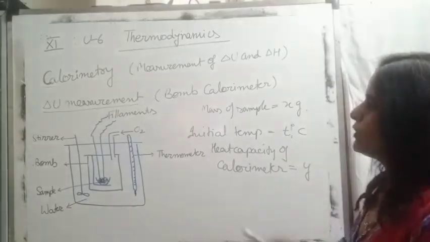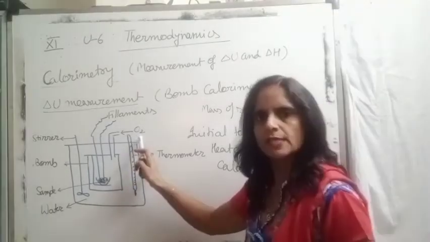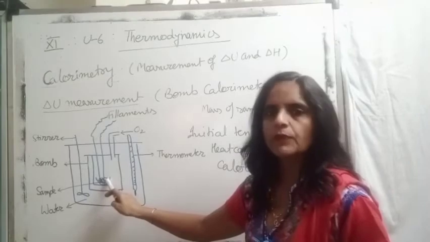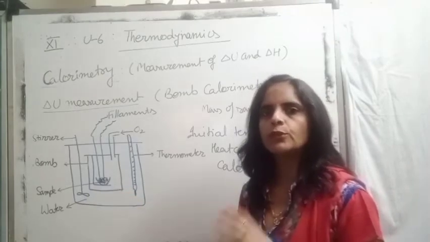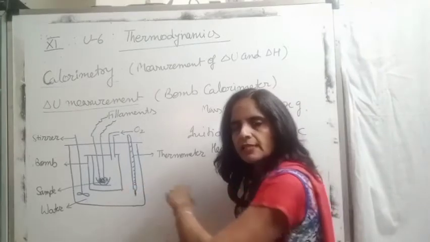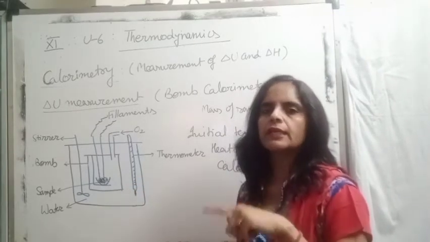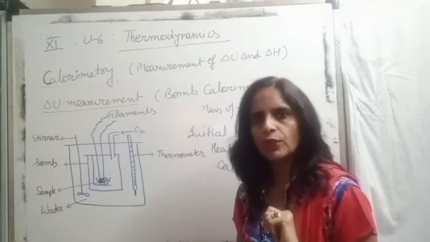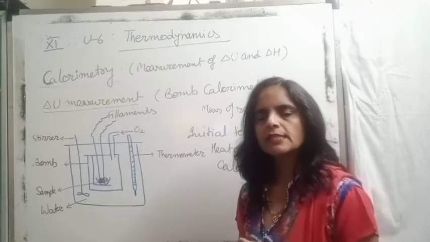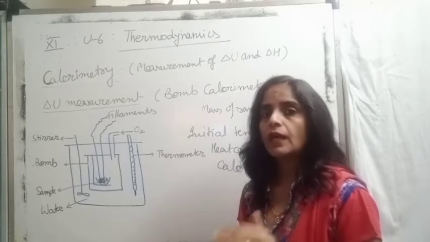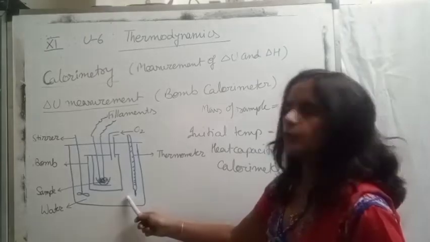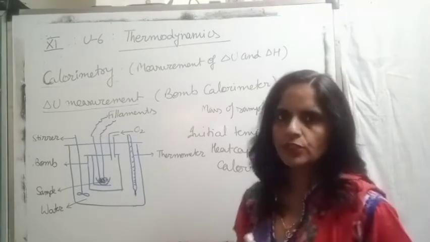Now when you supply the electric spark and oxygen from here, combustion of the substance takes place, and the heat produced during combustion is transferred to the outer vessel. Continuous stirring is required for uniform rising of temperature. When the combustion process is completed, again note down the final temperature.